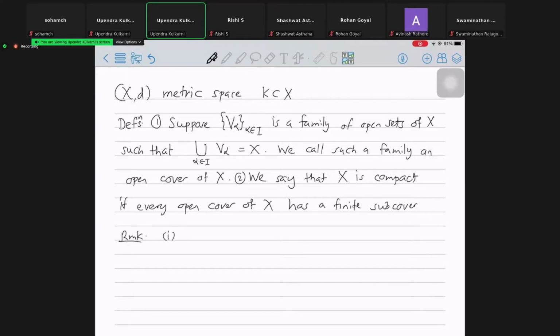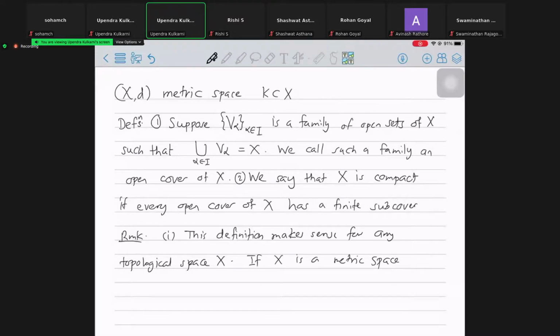So remarks one, any X, then... We will not prove this.